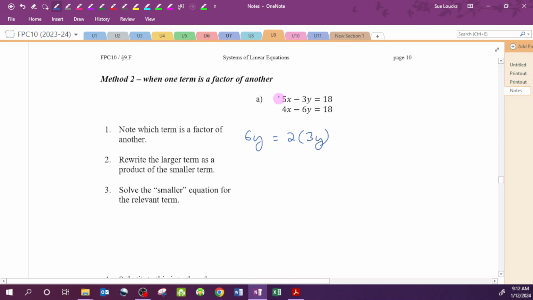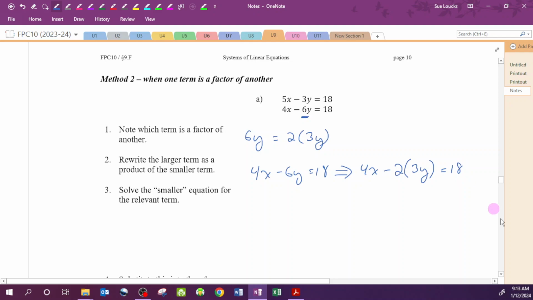So I'm going to rewrite the larger term, which is the 6y, as a product of the smaller term, which is 3y. That means I'm going to take my 4x minus 6y equals 18, and rewrite that as 4x minus 2 times 3y equals 18.